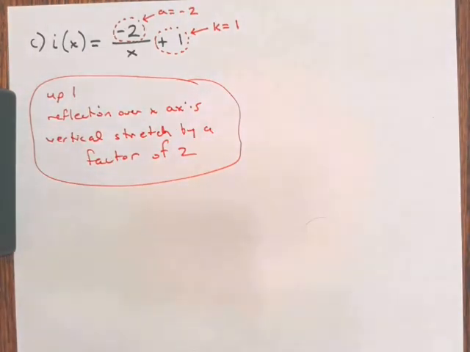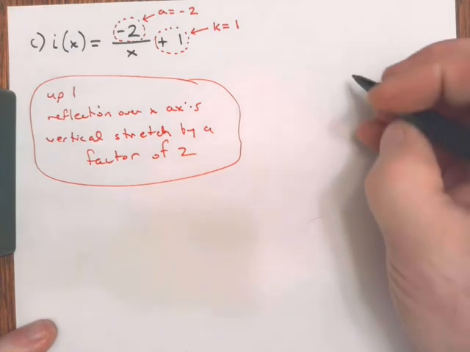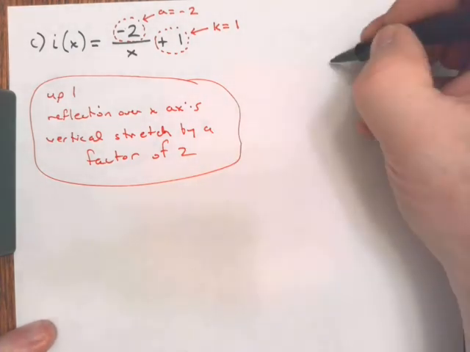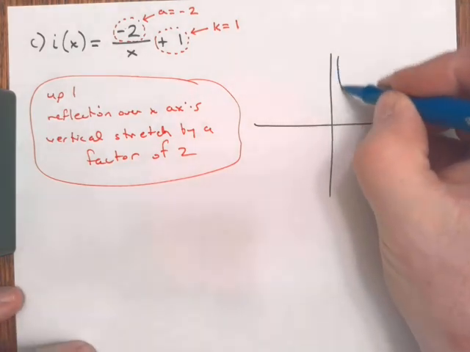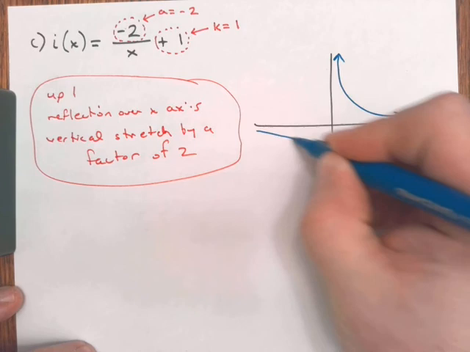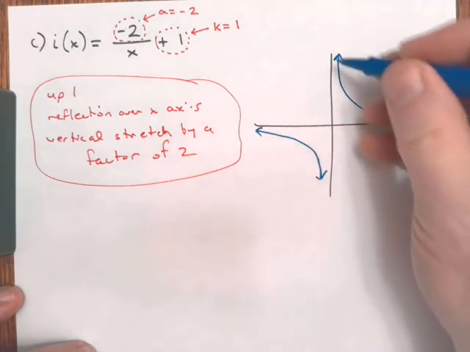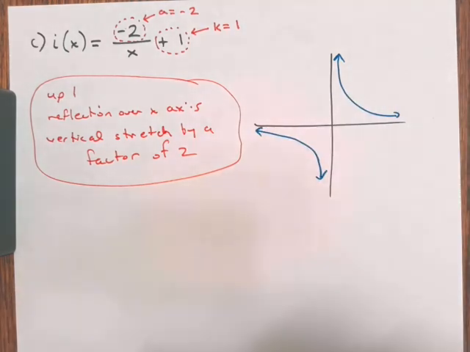And then from there, we're going to need to go through and draw in our graph. Let's talk about the reflection first. So first of all, if you were going to take a look at a graph of the parent function, we know that that graph looks about like this. We have a horizontal and a vertical asymptote on the x and the y-axis, and then the actual graph looks like this.